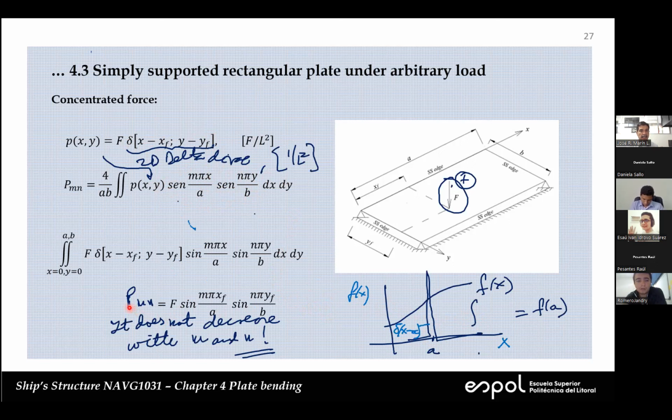So we can say that PMN is equal to f sine evaluated at xf, yf, the point you can see here where this force is being applied. Please be careful because the reference system, remember, points downward, it's positive. Downwards positive for the external force.